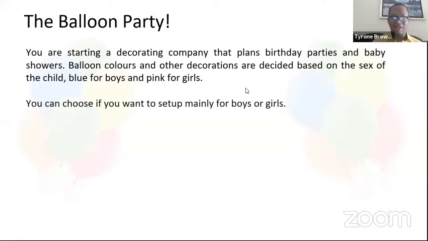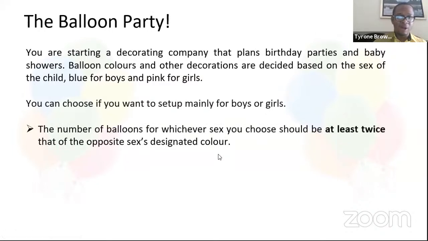We know that it's going to be mostly boys or mostly girls, because of course, if it's a male child that's having a party, most of his friends are likely to be boys, but we don't want to leave out the girls. Here are some of the conditions. The number of balloons for which each sex, for which you can choose, must be at least twice the number of the opposite sex's designated color.